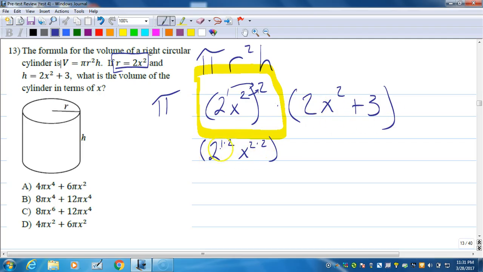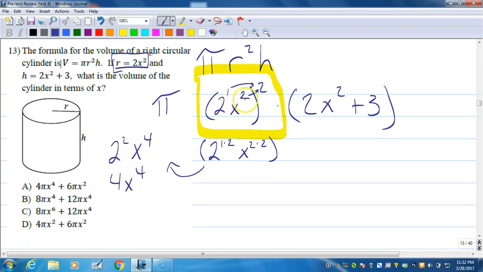1 times 2 is 2, so it's 2 squared, and then x, 2 times 2 is 4. 2 squared, 2 to the second power is 4.